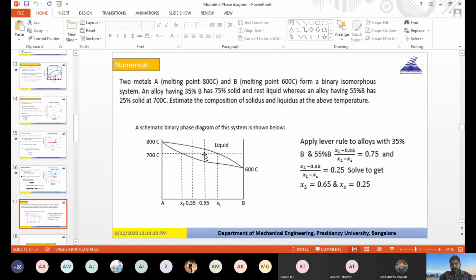Now you have to find out the composition of solidus and liquidus at the above temperature. So you have to find out this and this, XS and XL. Simply apply the lever rule to alloys with 35% B and 55% B.